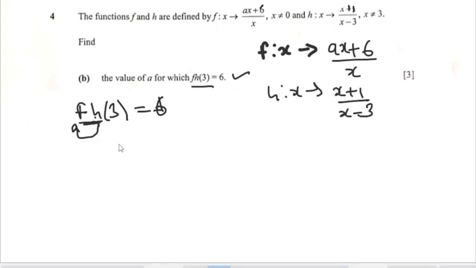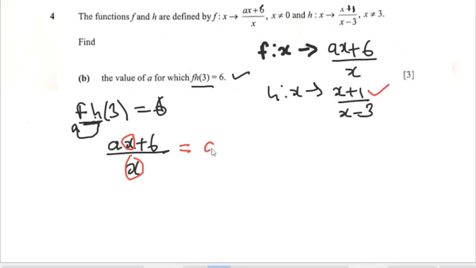So the function of f is (ax plus 6) over x. So here where we have this x right here, we are going to put the function of h. So we are going to have something like this. So where there is this x, we put the function of h, which is this one.